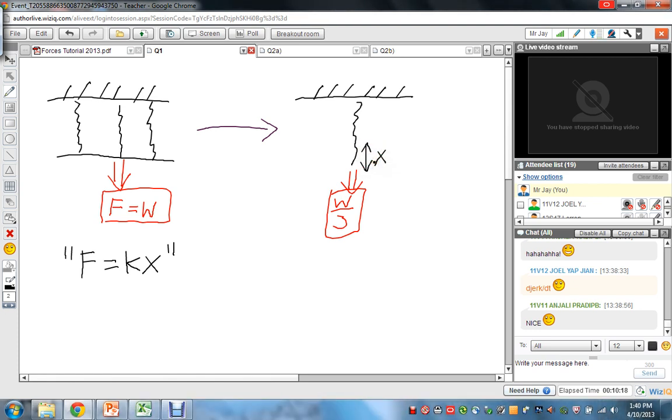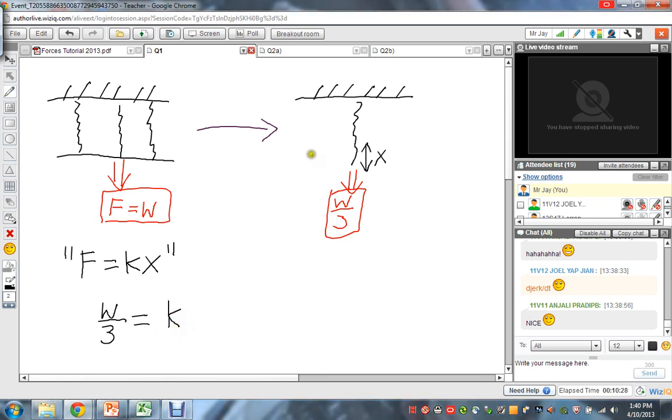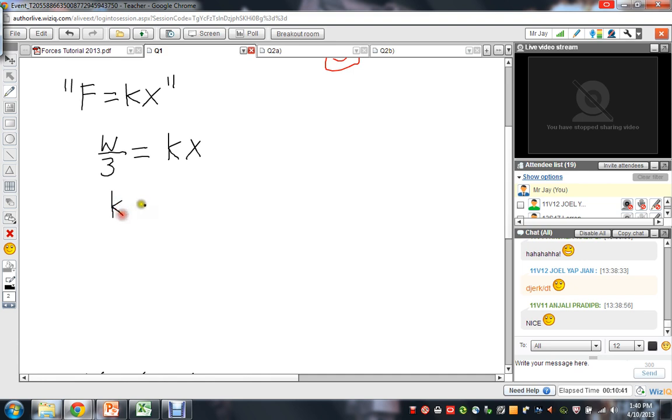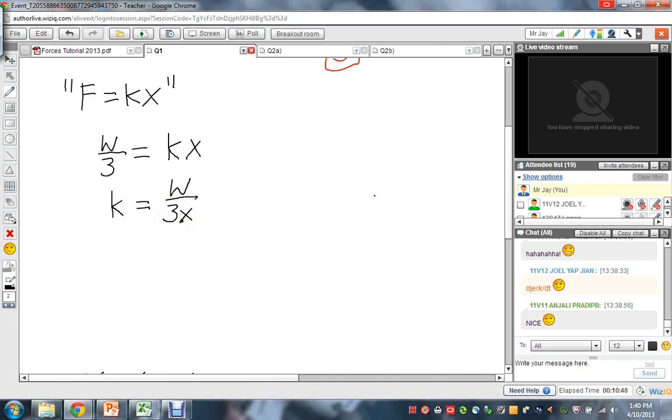So W over 3 equals K, which is the spring constant of one spring, times x. For a spring, regardless of what system it is in, its spring constant will always be the same. That's what holds constant. So let's make K the subject. We find that K is W over 3x. That's the spring constant for any one spring in this system.